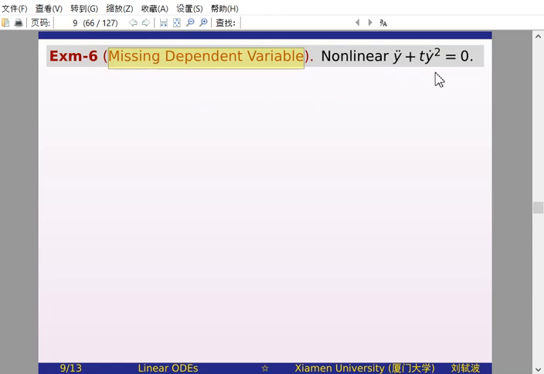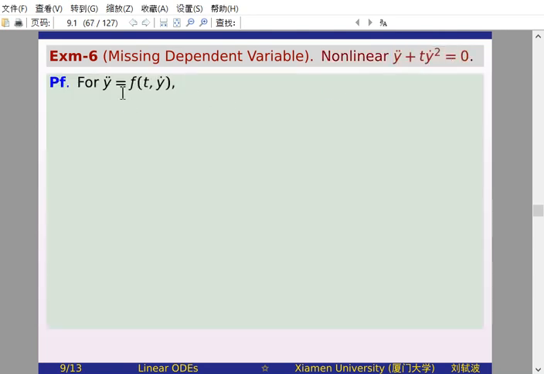The dependent variable is y, and the independent variable is t. So in this equation, we do not have y. More generally, a second order equation without y only contains the derivative of y and the second order derivative. For such an equation, we can always transform it into a first order equation and try to solve it.